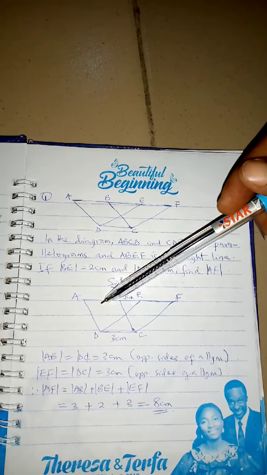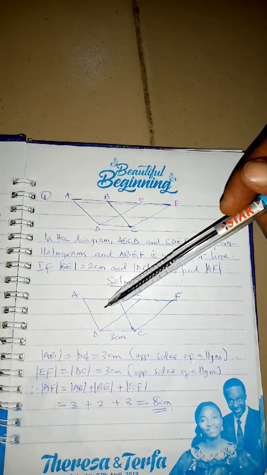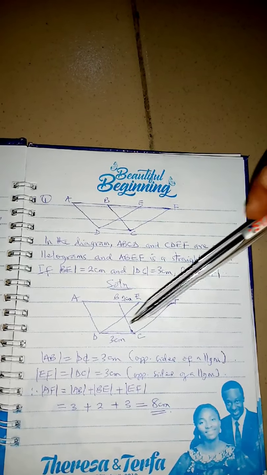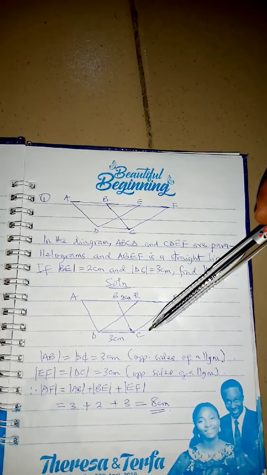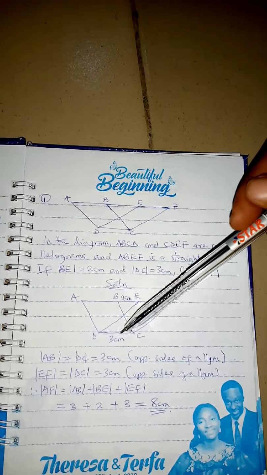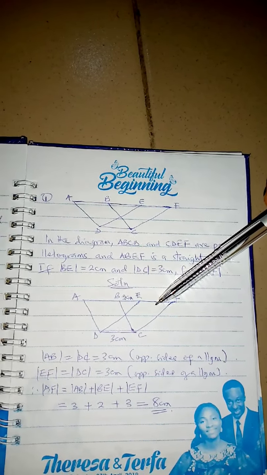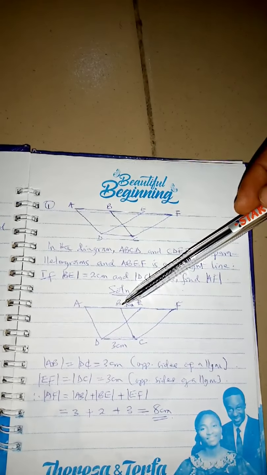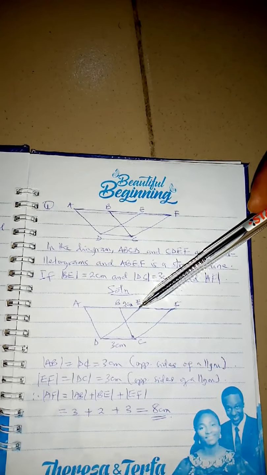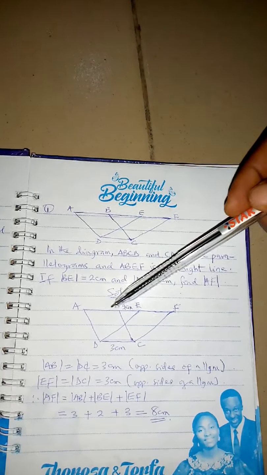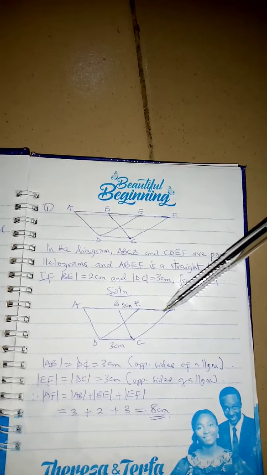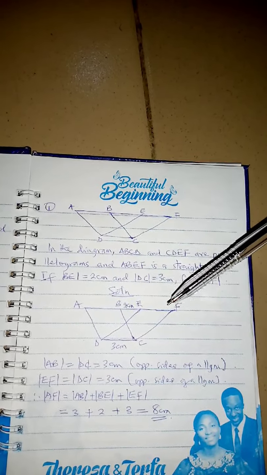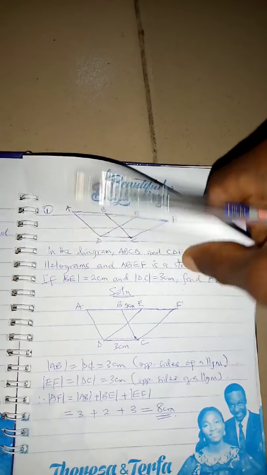So AB is 3 cm. Similarly, EF will be 3 cm because CDEF is a parallelogram. The opposite sides are equal. So this is 3 cm. With that, I can now get my AF, which will be AB plus BE plus EF. That is 3 plus 2 plus 3, which will now give us 8 cm. And that is how you take care of question 1.